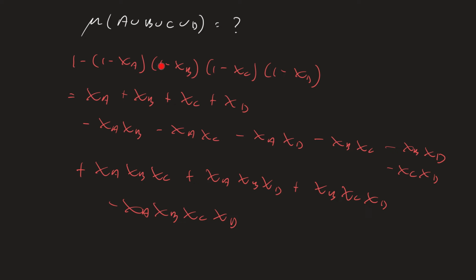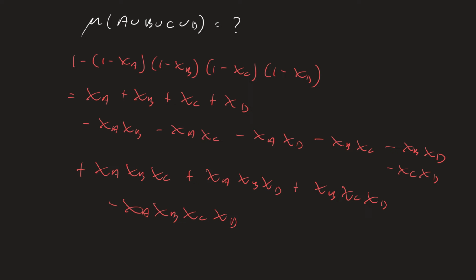Characteristic function of A times 1 times 1 times 1 gives us the characteristic function of A. The sign gets flipped by the negative sign out the front. Same for the characteristic function of B. We've got 1 times the characteristic function of B times 1 times 1. Same for C. 1 times the characteristic function of C times 1. And same for D. 1 times 1 times 1 times the characteristic function of D, giving us the first line.